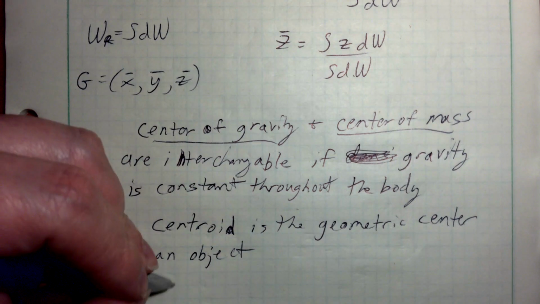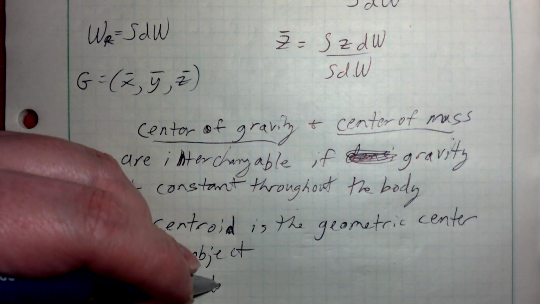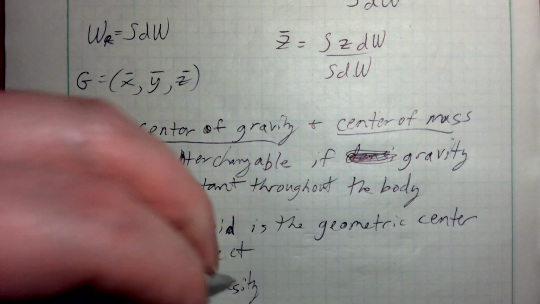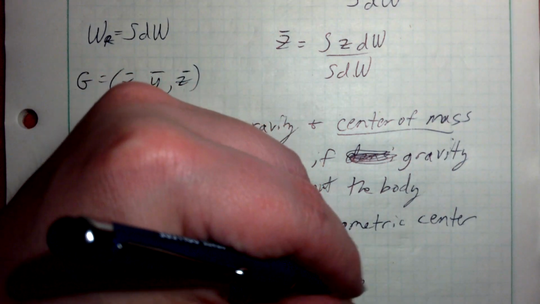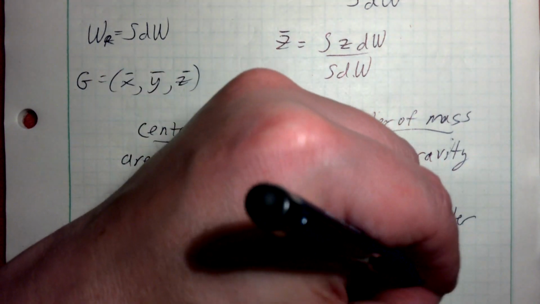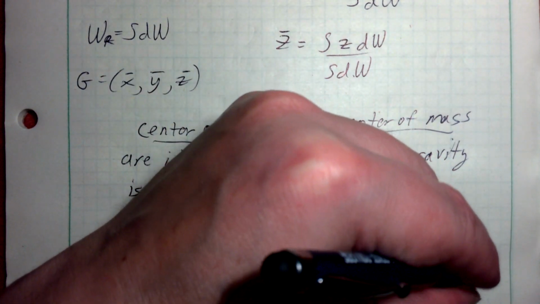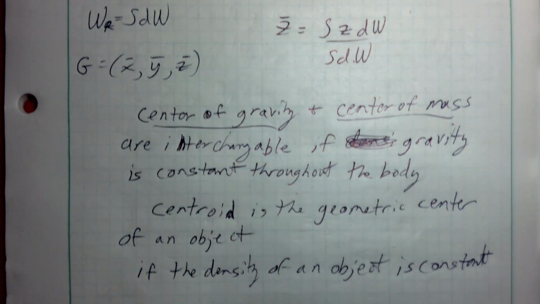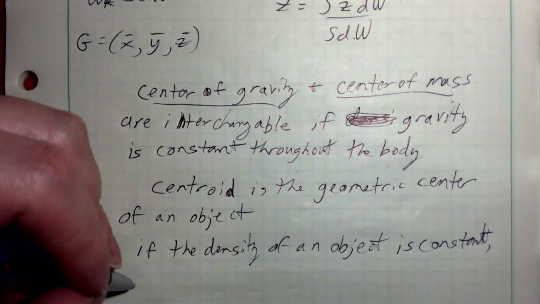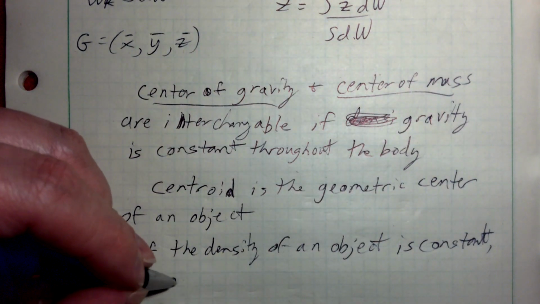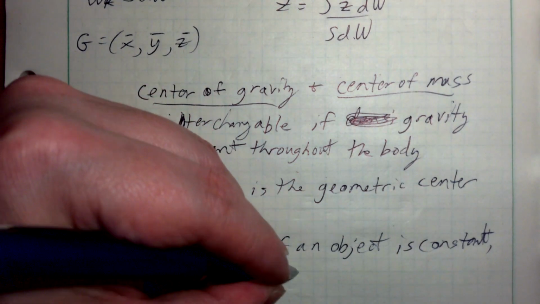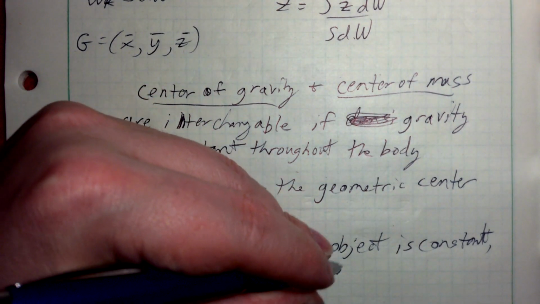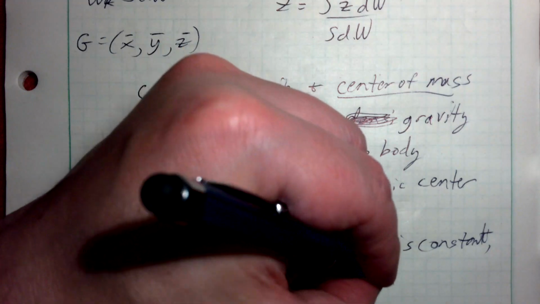And so if the density of an object is constant, the object is considered what we call uniform.